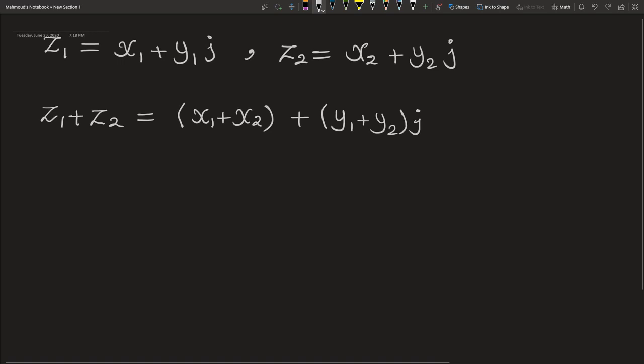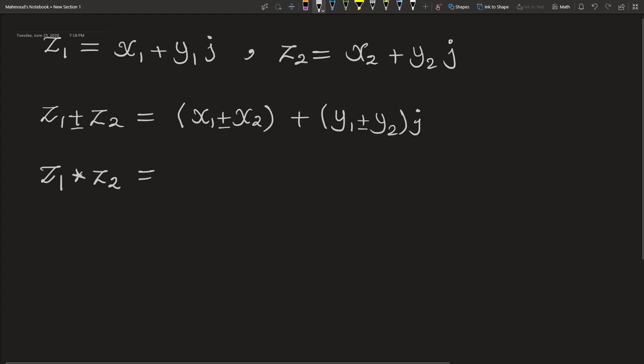Similarly, the subtraction as well. We can just put a minus sign here, here, and here. Now, let us try to multiply two complex numbers, z1 times z2.